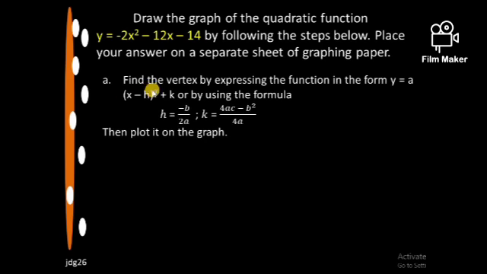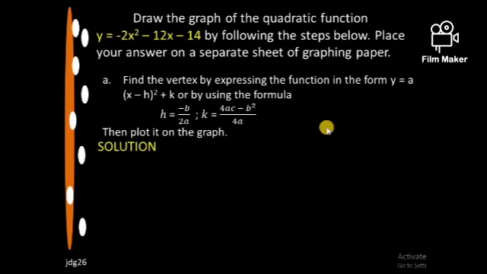Step 1. Find the vertex by expressing the function in the form y equals a times (x minus h) squared plus k, or by using the formula for the vertex: h equals negative b over 2a and k equals (4ac minus b squared) over 4a, and then plot it on the graph.